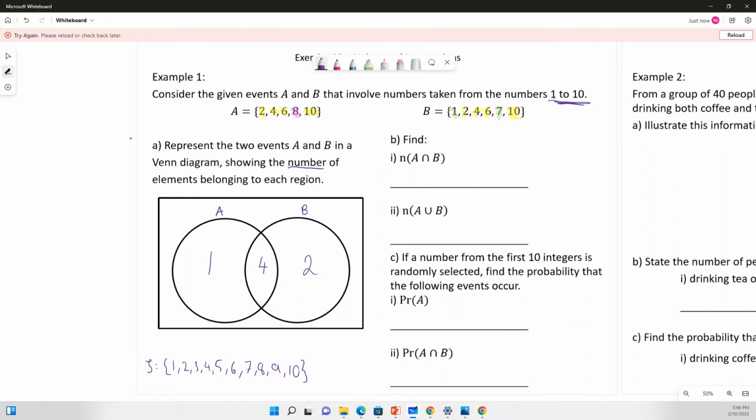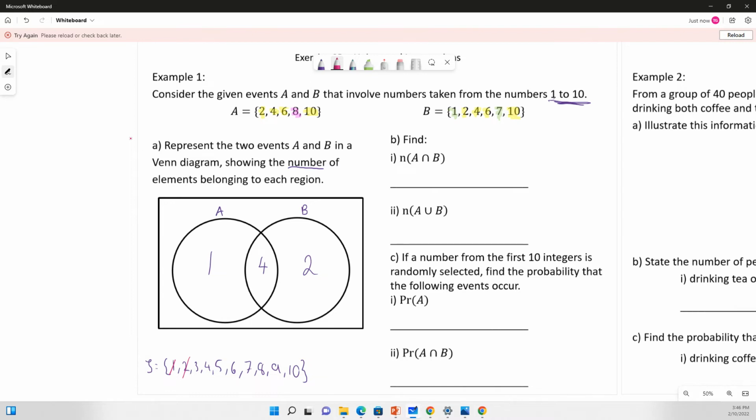So which of these have we not already used? Well, 1 is done. We put 1 in set B. 2 has already been used.